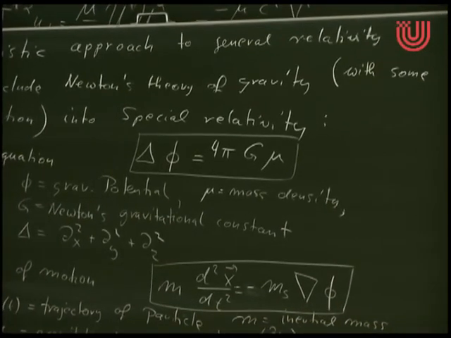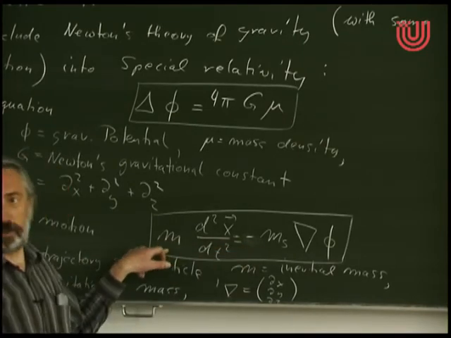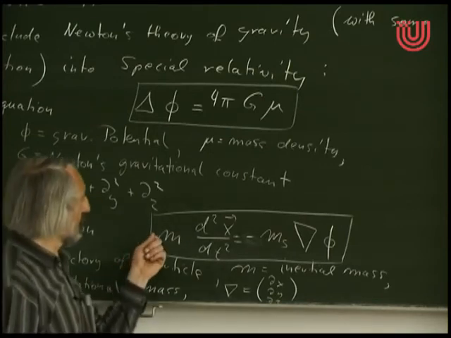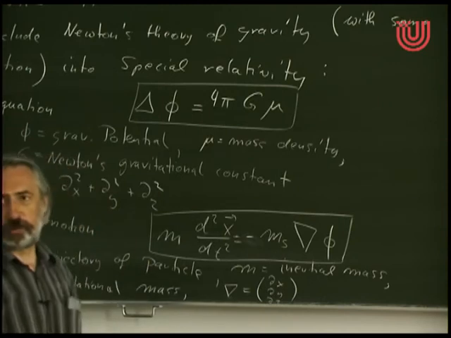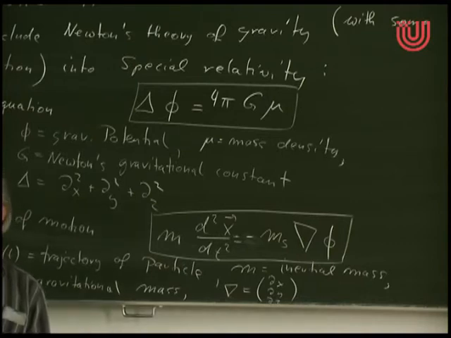Well, some of you are maybe surprised that I distinguish M and MS. But in Newton's theory, there's actually absolutely no reason to expect that there's any relation between the two things. They're introduced in a completely different way. That's the inertial mass, which gives the resistance against acceleration.